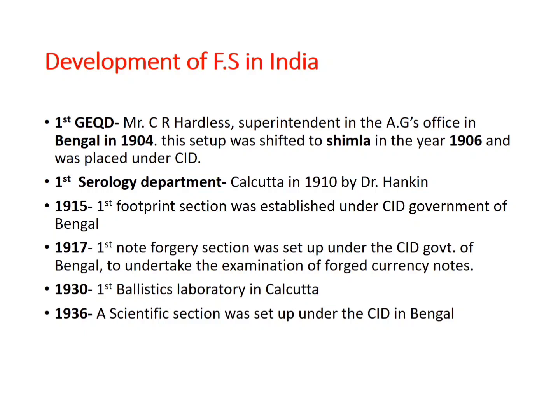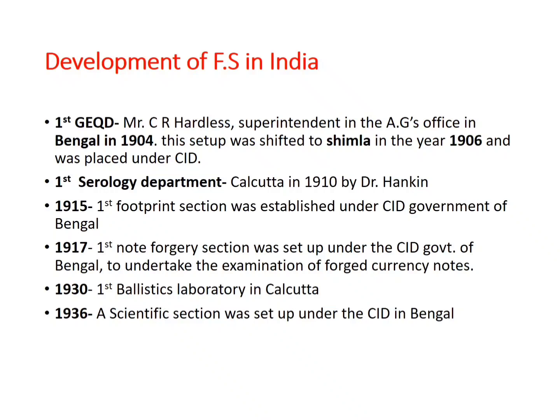And later on, with the advancement of science, the first serology department was set up by Dr. Hankin in Calcutta in the year 1910, and it became possible to identify blood and other body fluids in criminal cases. And later on, in the year 1915, the first footprint section was established under the control of CID, government of Bengal. So this helped the police authorities to identify criminals through the examination of footprints collected from the crime scene.